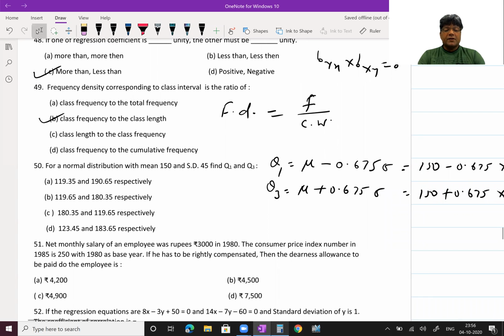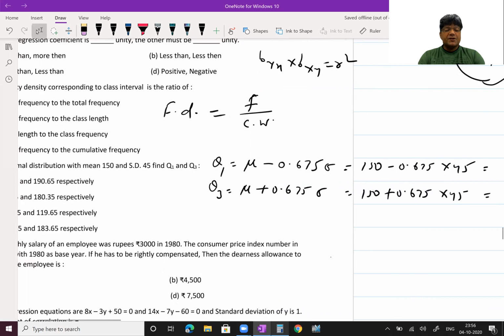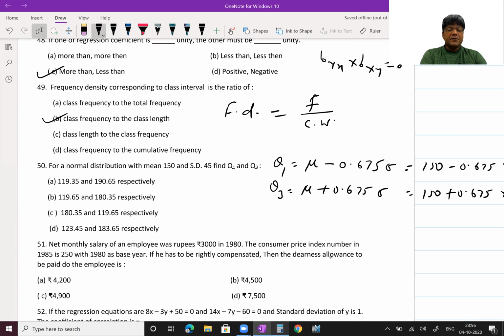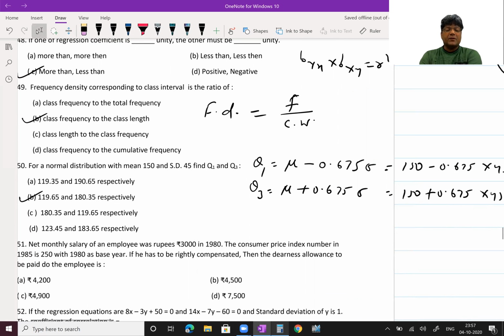Guys, it looks like B is your answer because you are getting 119.625 and here B is writing 119.65, so a 0.025 difference is coming. And 180.35 versus your 180.375, there is 0.025 upper and 0.025 lower.